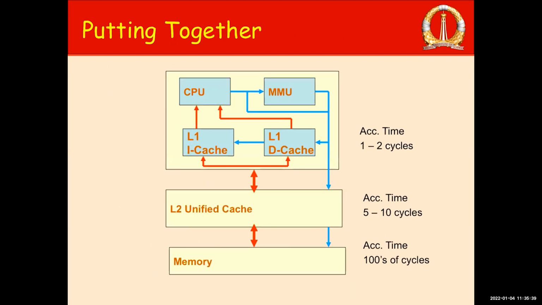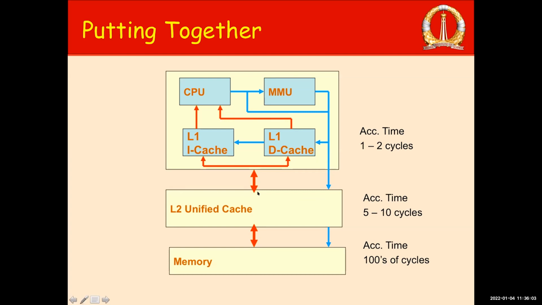If you want to put these things together, your organization is going to look like this. The processor issues a memory request, and that request is looked up in the L1 cache. If it is a hit in the L1 cache, then it is immediately serviced. If it is a miss in the L1 cache, then it goes to the next level cache and is looked up there.